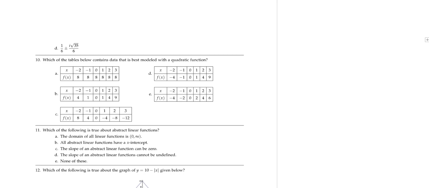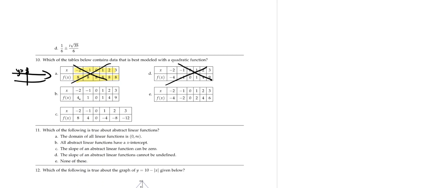So for this one, number 10, you gotta recognize some of these functions. So no matter what the input is, the output is 8. So this one is just a horizontal line at y equals 8. So this is not linear. So you're looking for stuff that is squared. -2 squared is not 4. -1 squared is not -1, so this one won't work either.